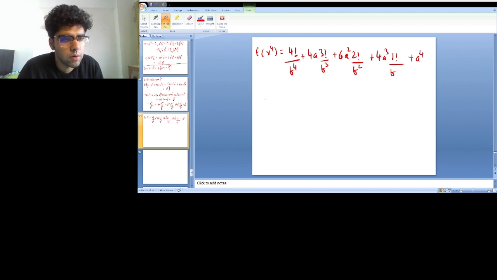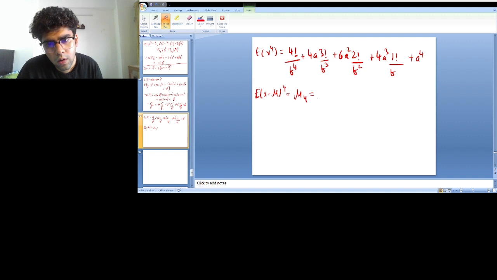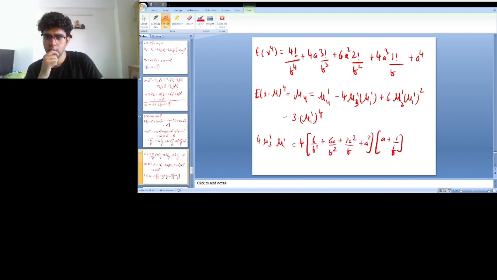So this gives me E(X−μ)^4, or μ4, as, so I already have the formula for this: μ4' minus 4 times μ3' μ1' plus 6 times μ2' μ1'² minus 3 μ1'^4.